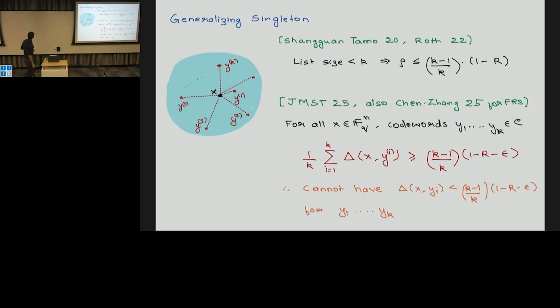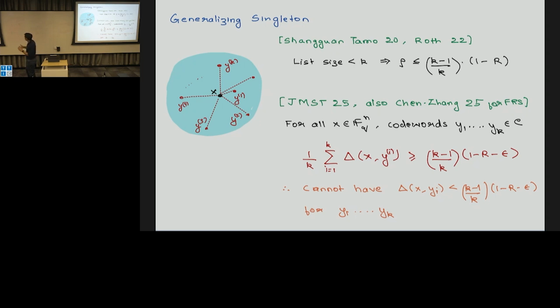So in general, the contrapositive: if you want to get arbitrarily close to 1 minus r minus epsilon, you have to think of this k as 1 over epsilon, because the gap from the optimal is about 1 over k. So you need a list of size 1 over epsilon.